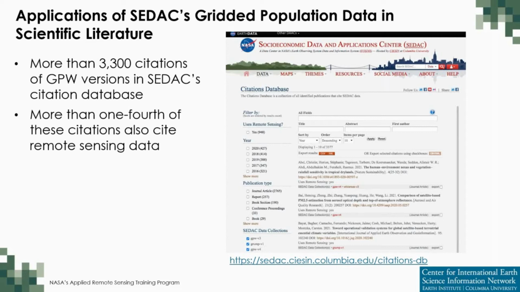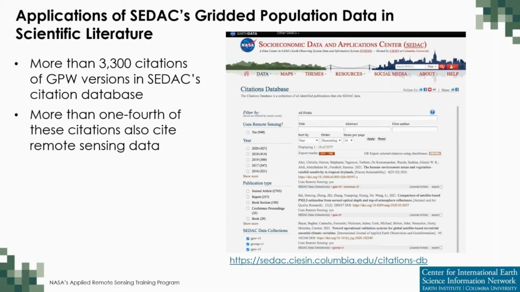We have an online database which has more than 5,000 citations, and actually over 3,000 of them are citations of the various versions of GPW and another data set called GRUMP, Global Rural Urban Mapping Project.